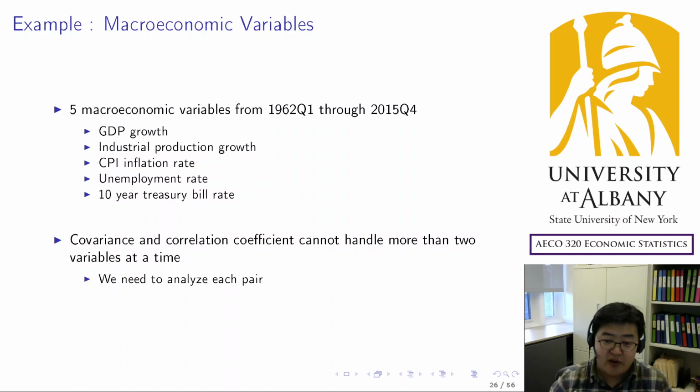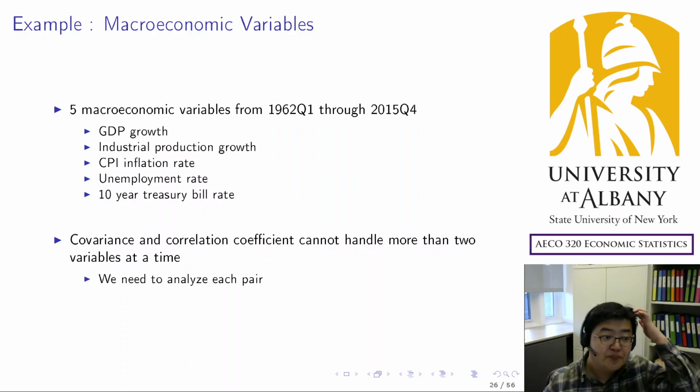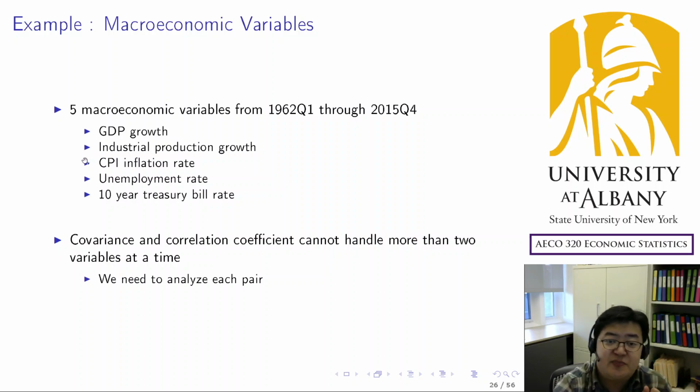So from two variables to five variables, the regression is the most natural way to do that, but it's coming in the next chapter. But now, what we are going to do is think of each pair one by one, pair by pair. That means I need to calculate the covariance between GDP growth rate and the industrial production growth rate, and then recalculate the covariance for GDP and inflation, and then GDP and unemployment, and then GDP and interest rate.